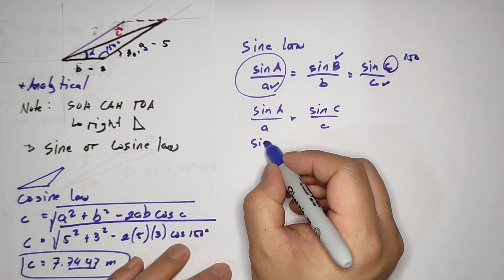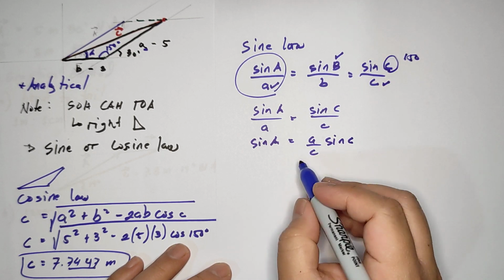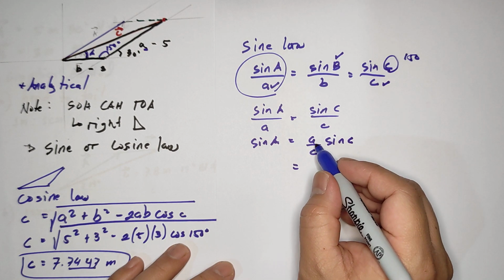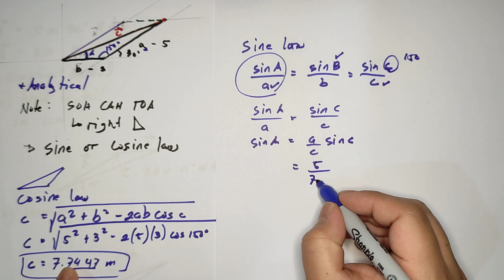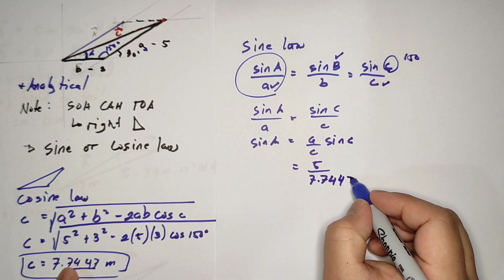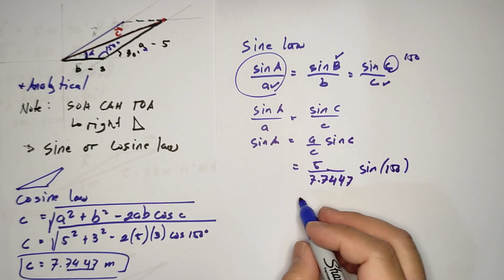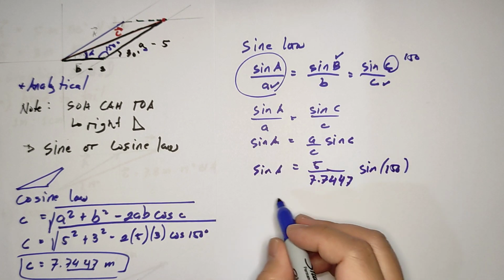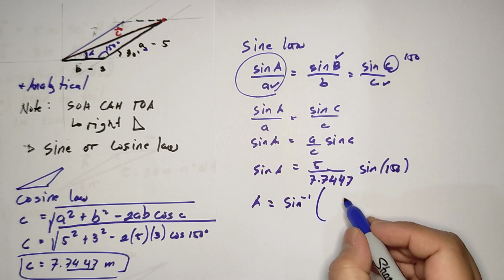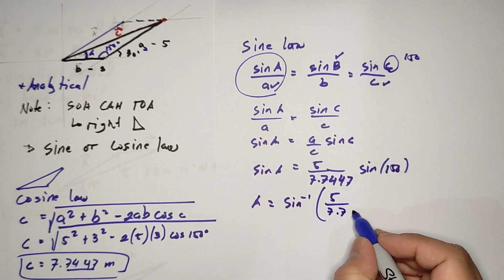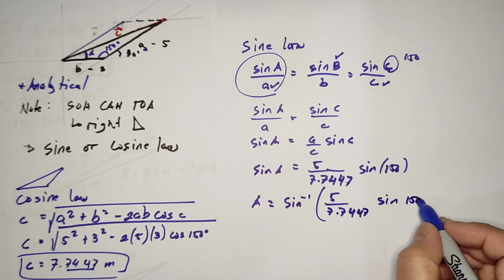Sine A is now A over C times sine C. What is A again? That is 5 over 7.7447 times sine 150. So angle A is inverse sine of 5 over 7.7447 times sine 150.